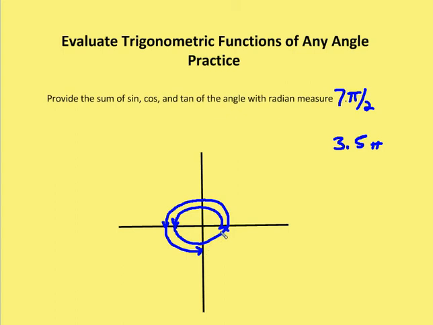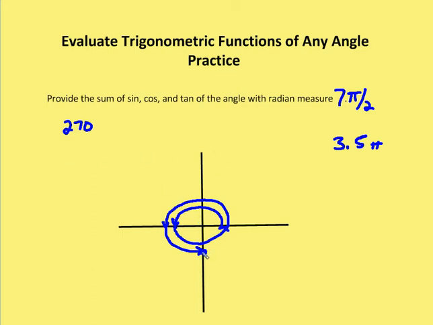So this is the equivalent of 270 degrees, although this angle itself is going to be 630 degrees. We've got 360 again, and then another 270. So it should be 630 degrees. So with 270 degrees, we're going to find the sine of that value.